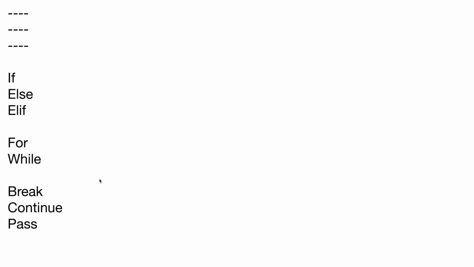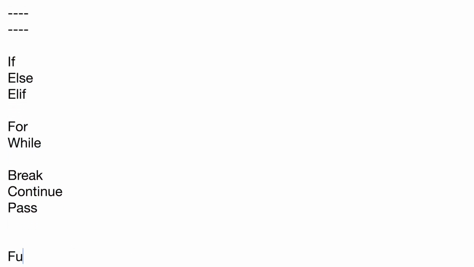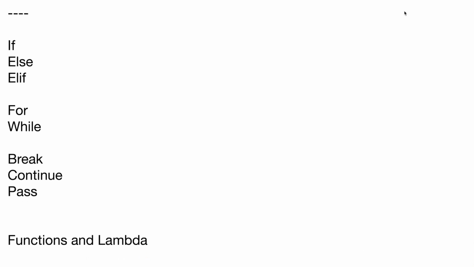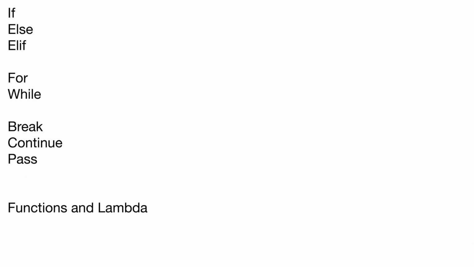We'll clearly understand all these concepts of control flow. If time permits, and I hope it will, we'll also cover functions and lambdas at the end. Okay, let's jump into our Jupyter notebook, where we'll start with if, else, and elif statements.